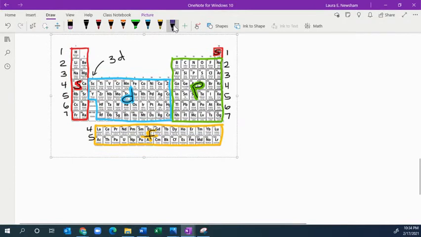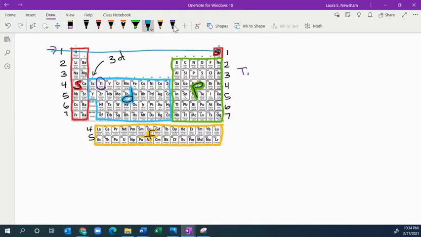Let's do titanium. Okay, so we're going to do titanium. So we start at the first energy level here, and we go through until we get to titanium.